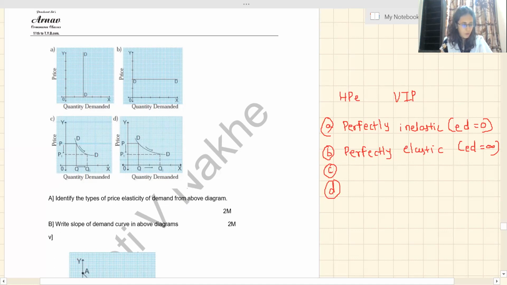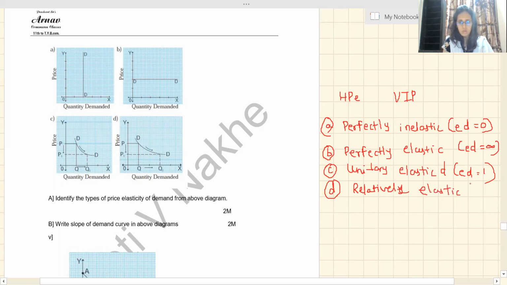Then we have unitary elastic demand, it is equal to 1, exactly 1. Half mark each, so it will carry 2 marks. And fourth one is relatively elastic, it should be more than 1.